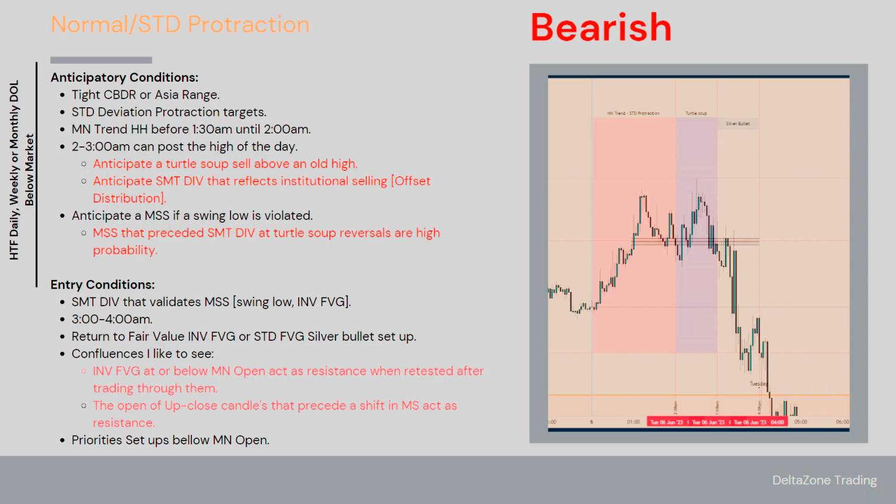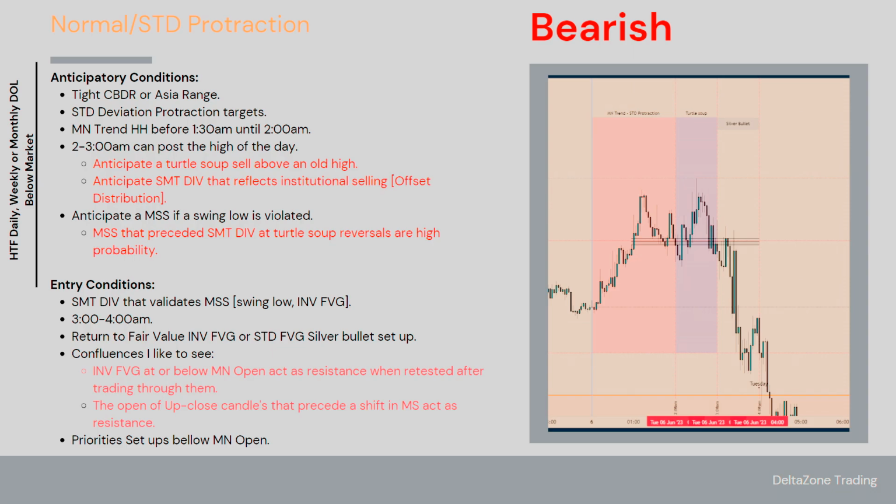Moving on then to the next entry condition, I want to see some measure of a return to fair value. So we could be rebalancing a standard fair value gap or retesting as resistance an inverted fair value gap, observing candles that close inside their value area.